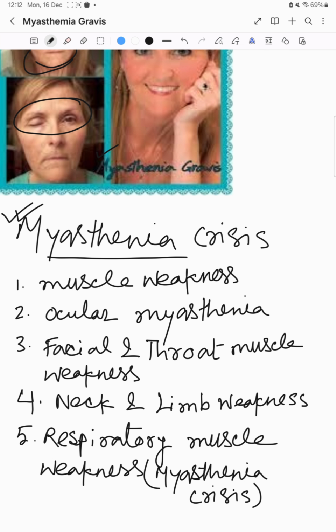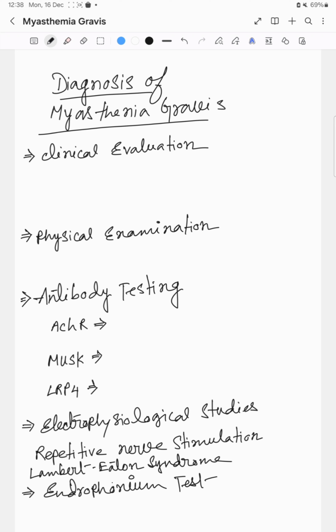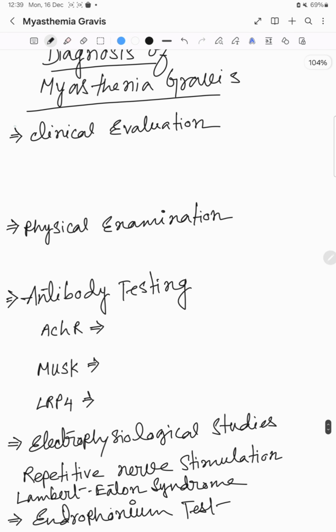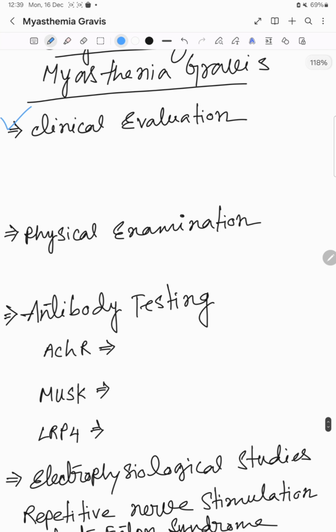And next, the diagnosis. The diagnosis of myasthenia gravis (MG) involves a combination of clinical evaluation, laboratory tests, and imaging. So here's an overview of the diagnostic process. Firstly, clinical evaluation for the symptoms: muscle weakness that worsens with activity and improves with rest.